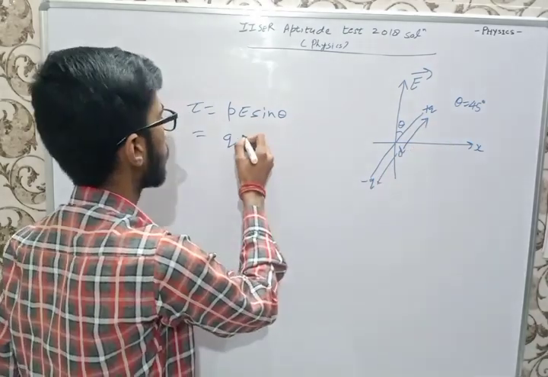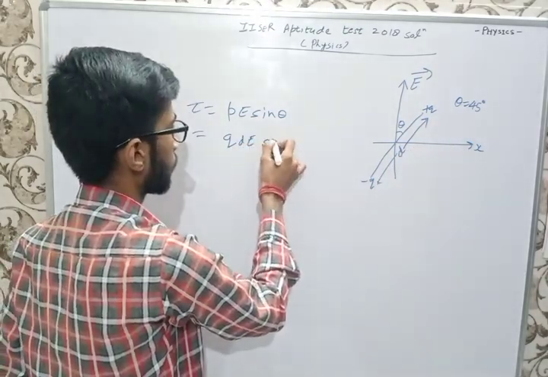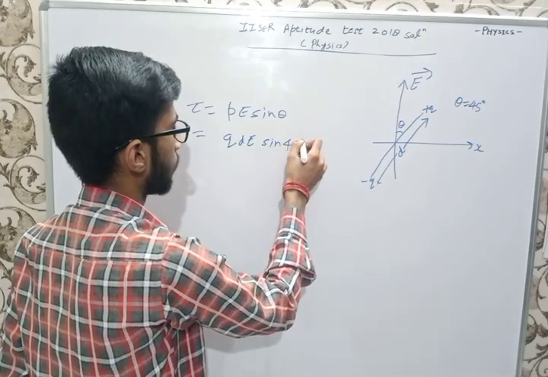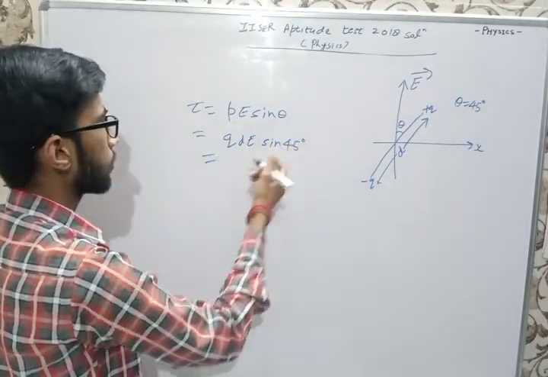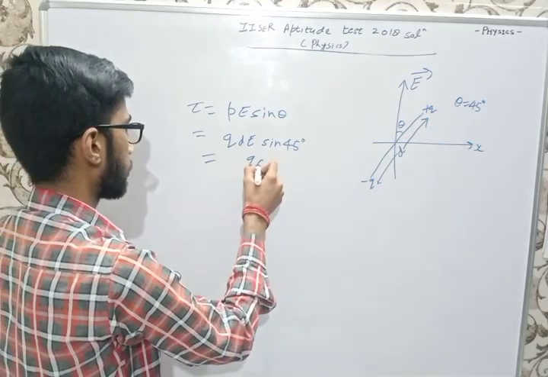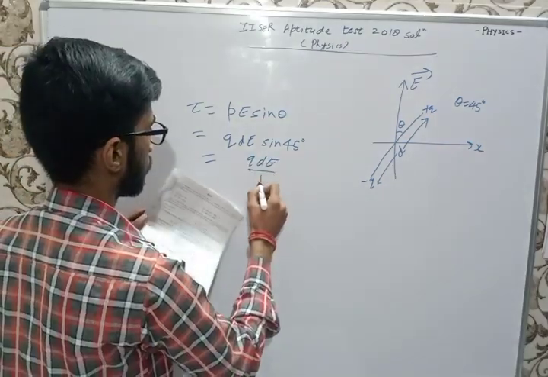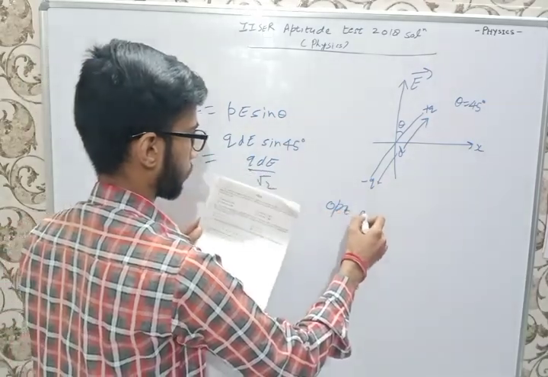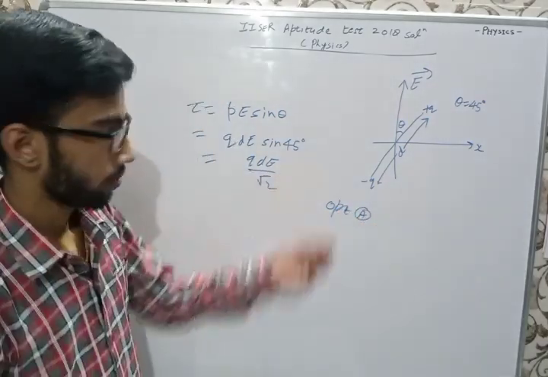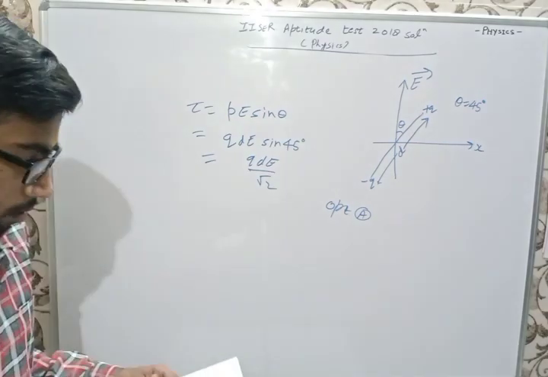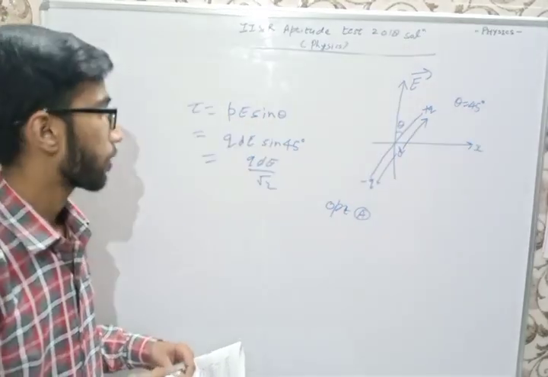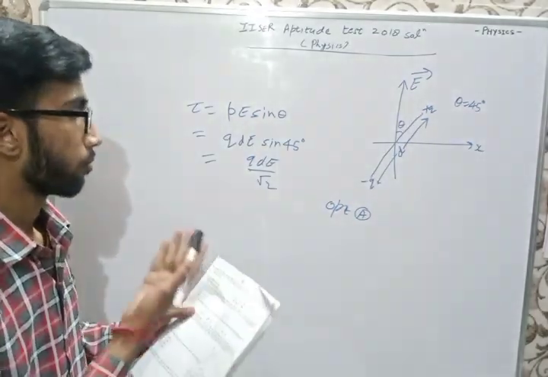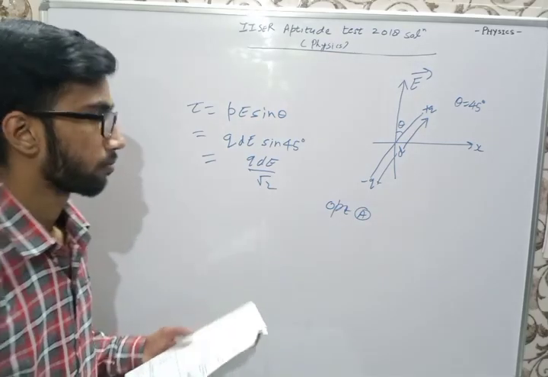So Q d E sin 45 degrees. Sin 45 degrees is 1 over root 2. So it is simply Q d E over root 2. So option A is correct. The question was quite easy. I am surprised to see such an easy problem.